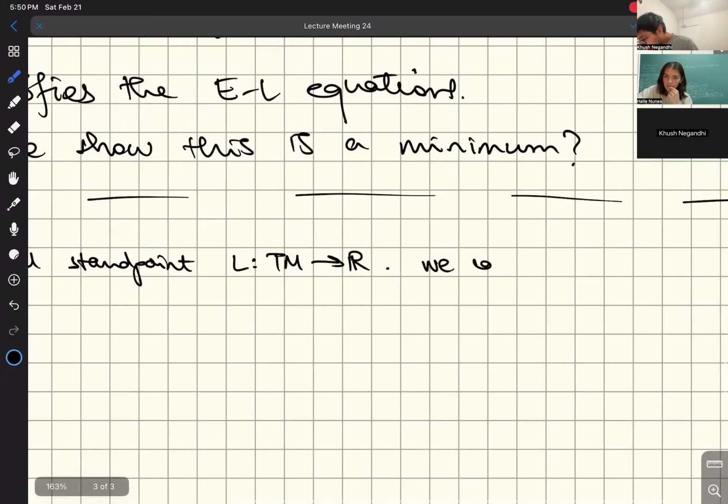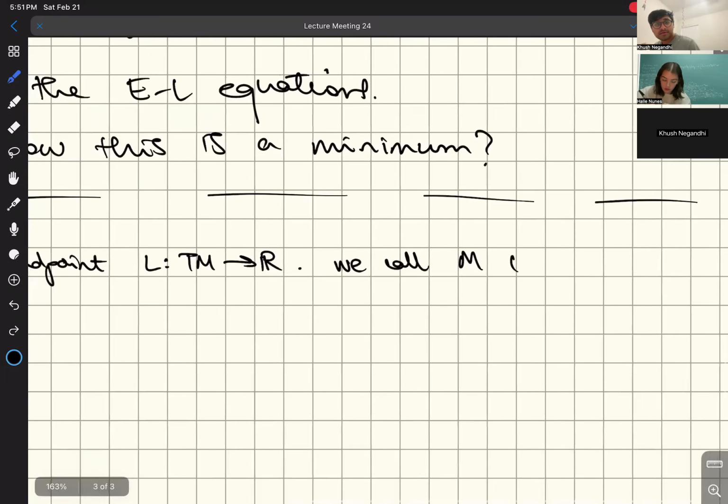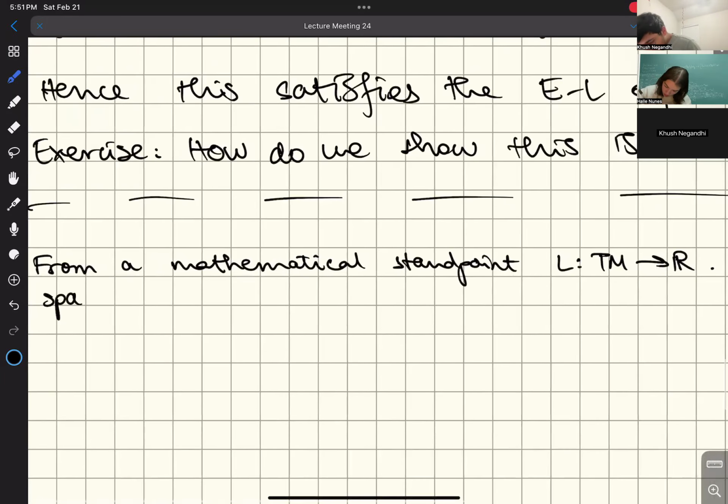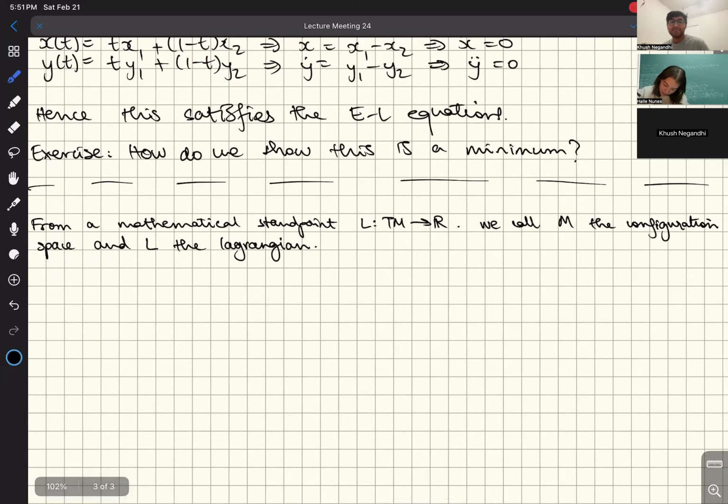We will call M the configuration space and L the Lagrangian. This function could be any smooth function. So for now, it doesn't really matter if it's describing something physical or not. It's just called a Lagrangian regardless.